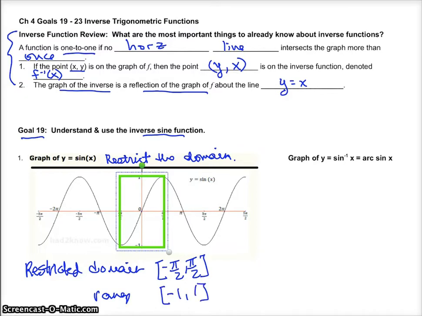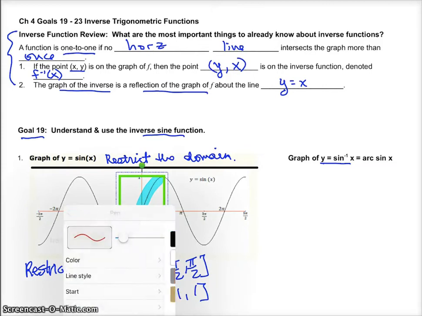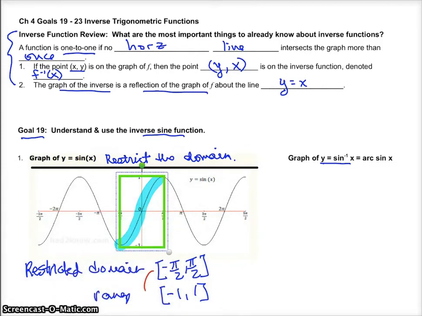Okay, so I'd like you to highlight this section of y equals sine of x and also draw the window around it so you see the restriction. Now I'd like to use this information to help us graph the inverse function. Recall that for the inverse function, the domain and the range swap places.